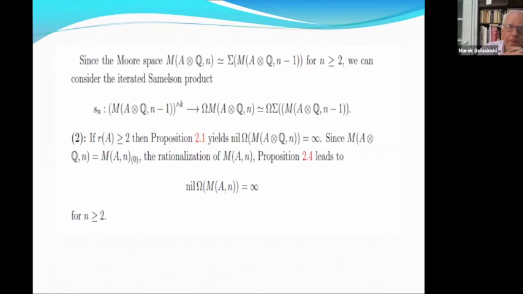Then by the previous proposition, we have that the nilpotency of the Moore space determined by A tensor Q is infinite. Then from the proposition by Mayer, we deduce that the nilpotency of the Moore space from which we start is infinite. So if the rank of this group is at least 2, then it's also infinite.